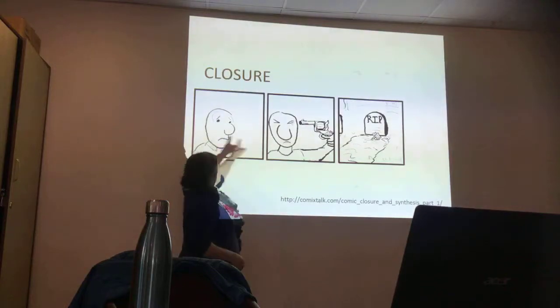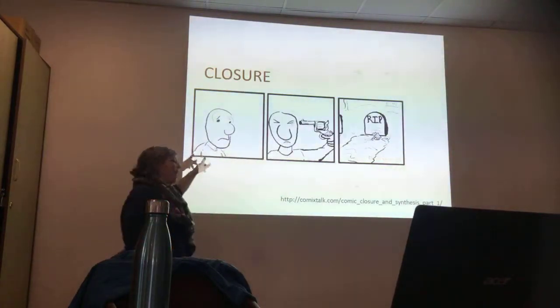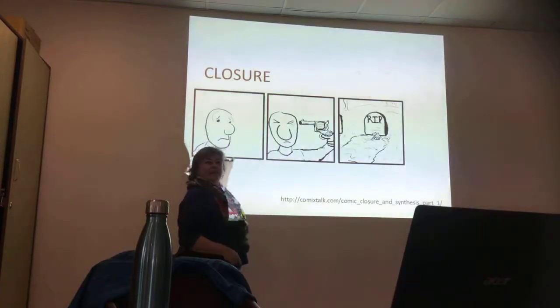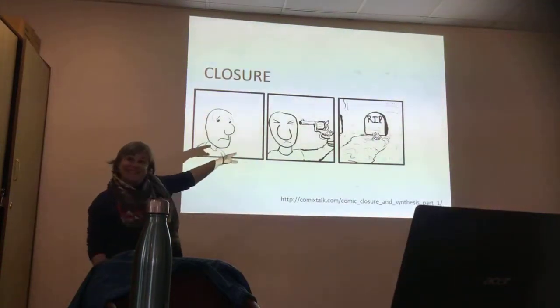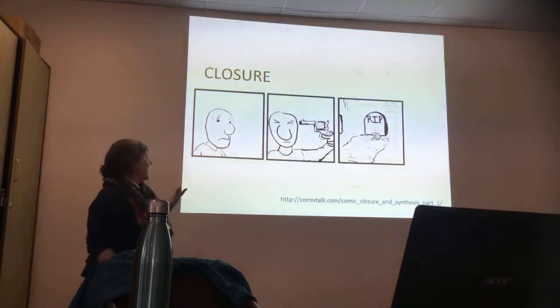But when we rearrange them, when we put them in this order, your mind automatically tries to make a story that relates those three images together. Nobody is telling you how these things actually go together. You have to come up with it yourself.